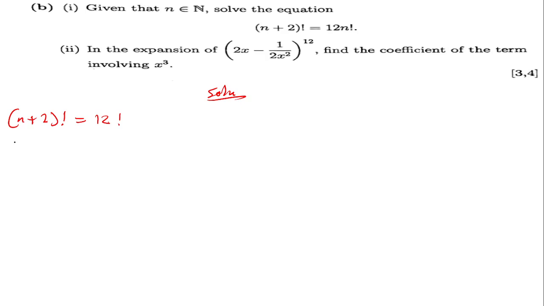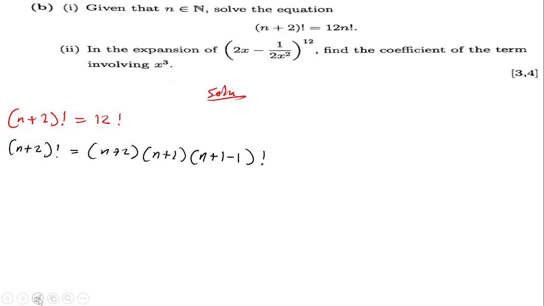So (n+2)! can also be written as (n+2)(n+1)(n+1-1)!. This is how that can also be written.